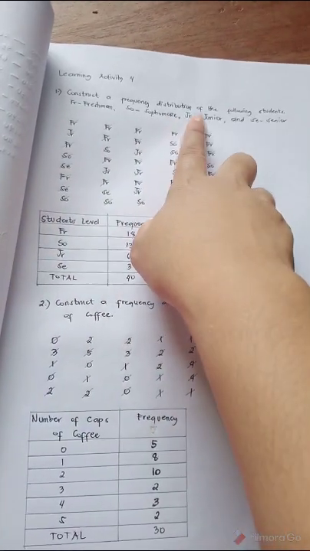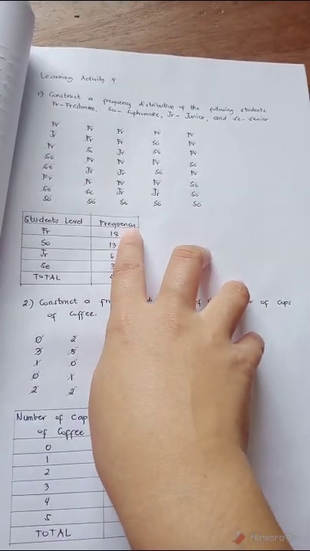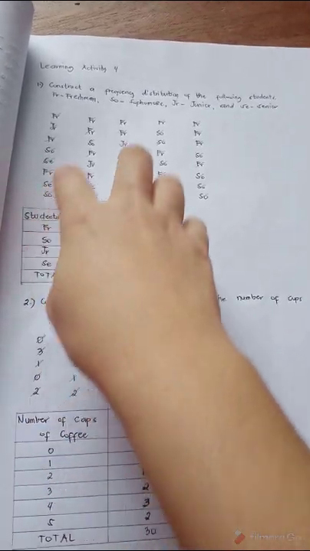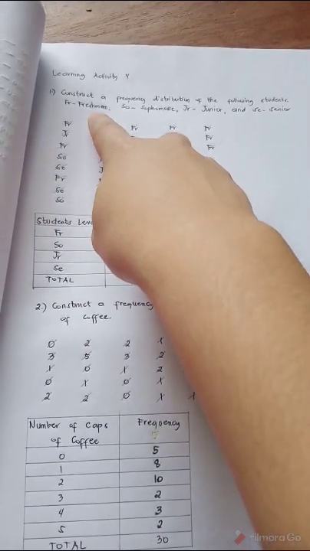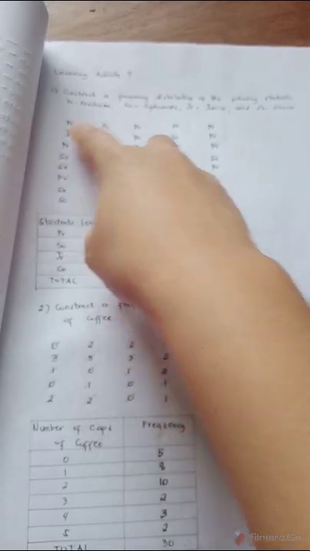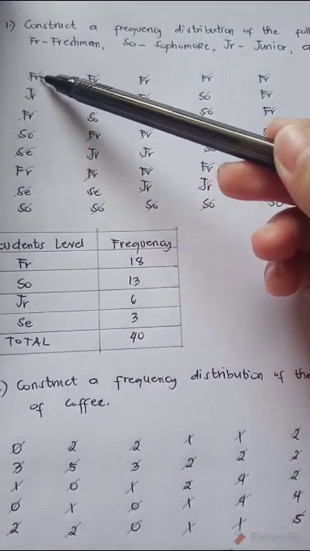So yung learning activity 4, so to get the frequency, ang FR ihap na ko dire kung pila ka buok FR.